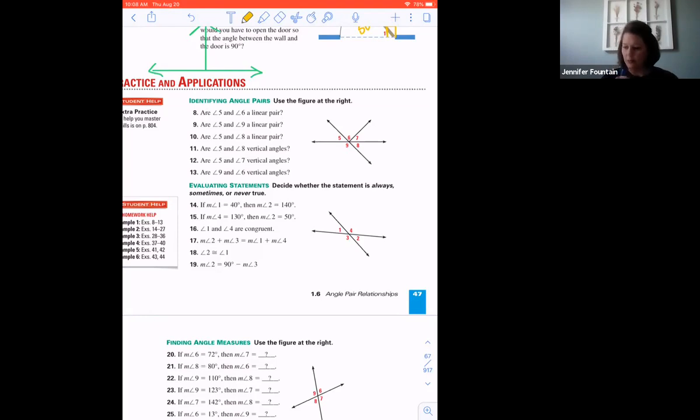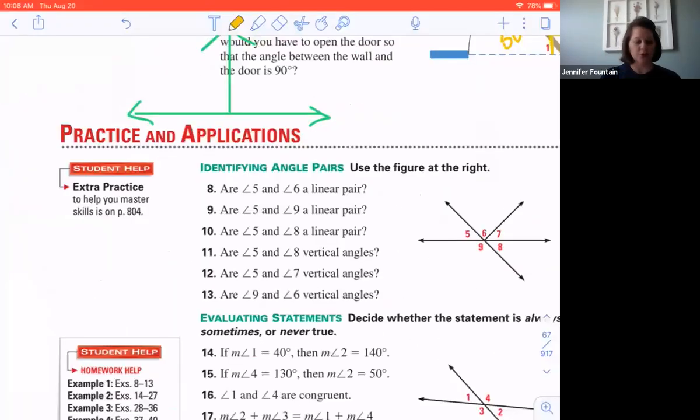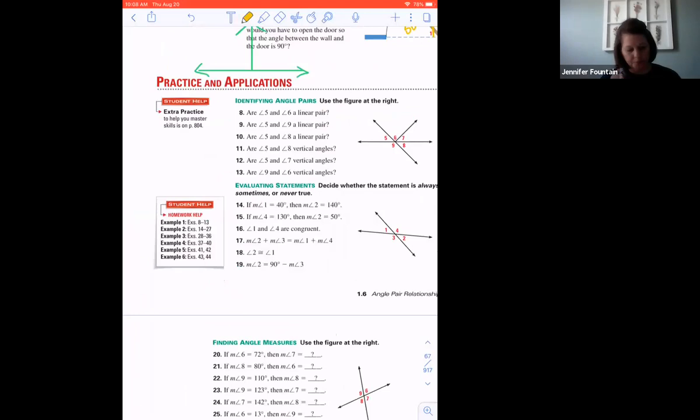Okay, so I'll repeat that. Page 47, 8 through 18 evens. Page 48, 20 through 36 evens. Page 49, 42 through 52 evens. Any questions on any of those? Did you say 42 through 52? Yes, evens. Thank you. You're welcome.